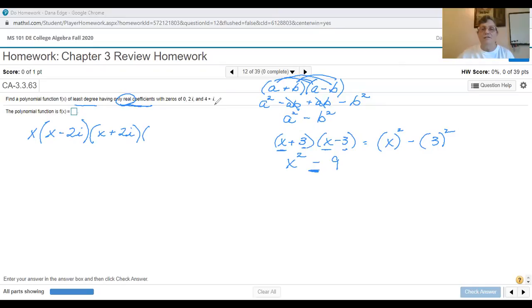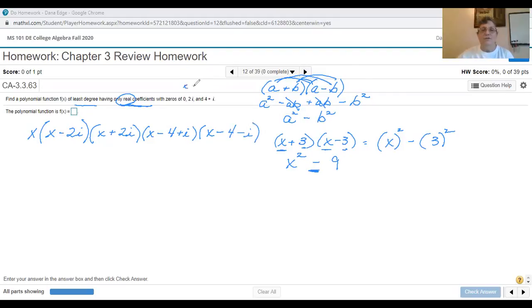Since the next zero is 4 plus i, then the factor is x minus (4 plus i). I would have to carry the negative through, except that the conjugate of this is 4 minus i. So we've also got x minus (4 minus i).